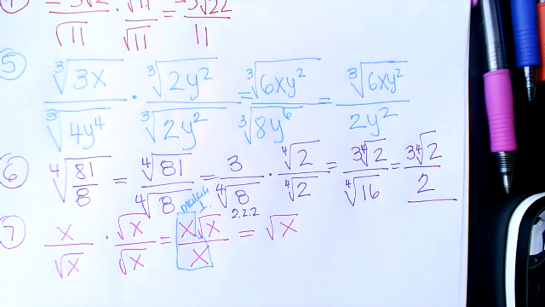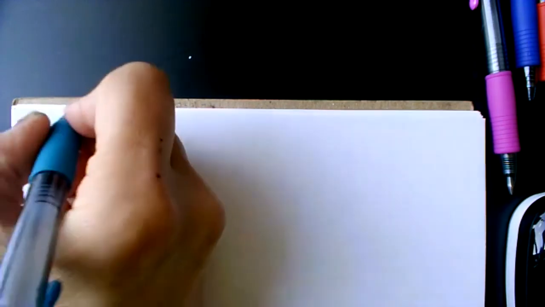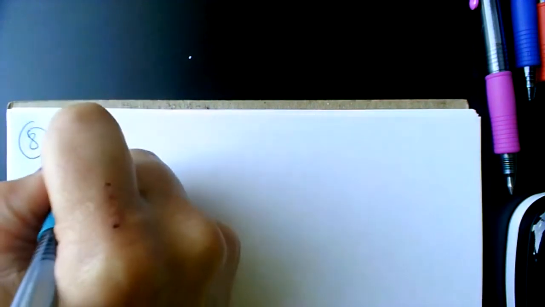There's one with numbers here. Let me do this one. 7 and 24.